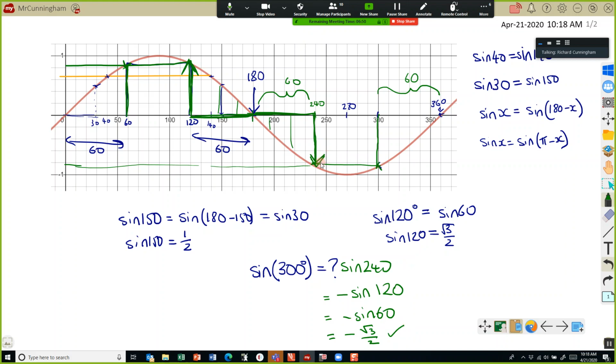I picked a nice hard one there to test you on, so I apologize. Sine 300 is the same as sine 240, which is the same as negative sine 120, which is the same as negative sine of 60. Unfortunately, that's the kind of process you need to go through if you have to work something out like this in a non-calculator paper, but we will practice it, okay? We will practice.